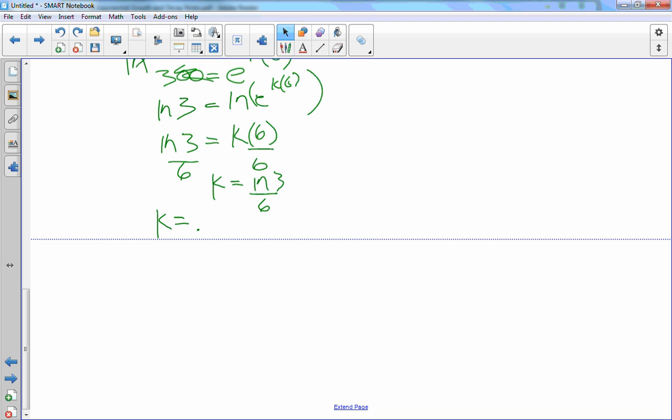You should use squiggly, because if you round it, the decimal goes on forever. So squiggly equal signs, because you're rounding.